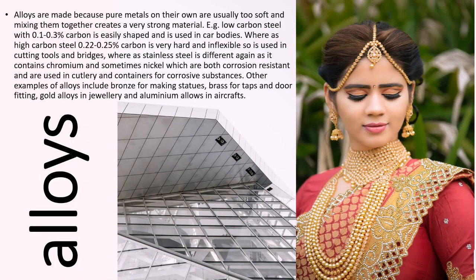Alloys are made because metals on their own are usually too soft, and mixing them together creates a very strong material, e.g. low carbon steel, with 0.1 to 0.3% carbon, is easily shaped and is used in car bodies, whereas high carbon steel, 0.22 to 0.25% carbon, is very hard and inflexible, so it is used in cutting tools and bridges, whereas stainless steel is different again, as it contains chromium and sometimes nickel, which are both corrosion resistant and are used in cutlery and containers for corrosive substances.